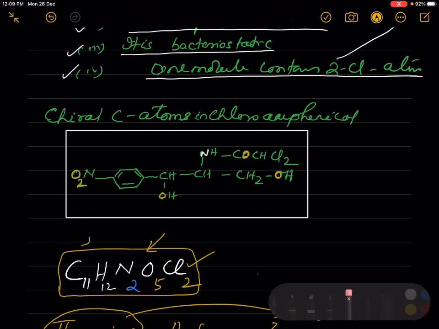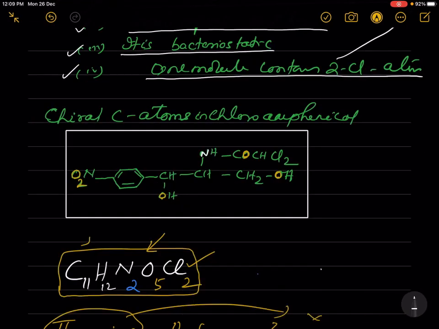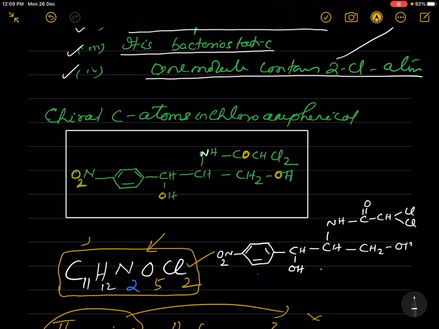How do you know? Let me draw the structure again. You see, there is a benzene ring. Benzene ring is connected to NO2, then CH, then OH, then CH, NH, CO, CHCl2, then CH2OH.